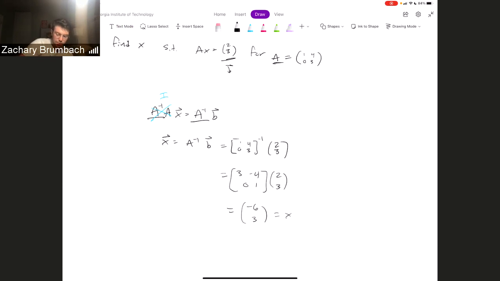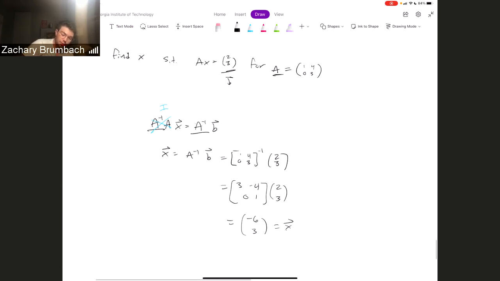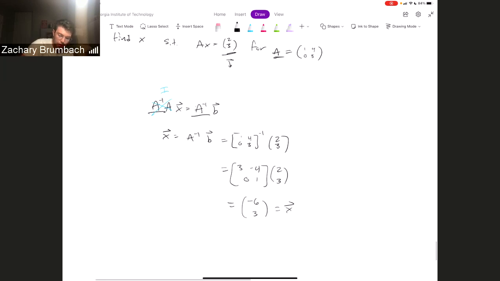So this is equal to your X. And what you'll find is you can check it by plugging it in for A times X. So when you have 1, 4, 0, 3 times negative 6, 3, you should get the same 2, 3. I think I calculated this a little wrong, but that's okay. Whatever, but this is how you would do it.